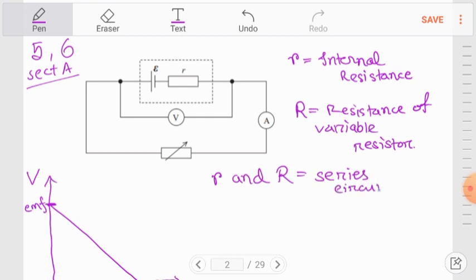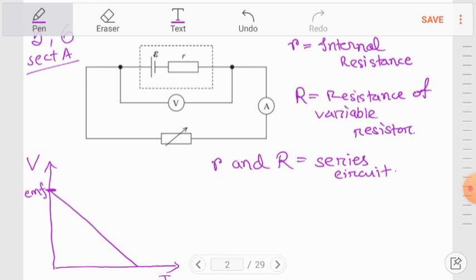And we know that in series circuits all components share the same current. Current is constant for every component, but it is the voltage that gets divided in a series circuit. So here the total EMF will be divided between the internal resistance and the variable resistor.